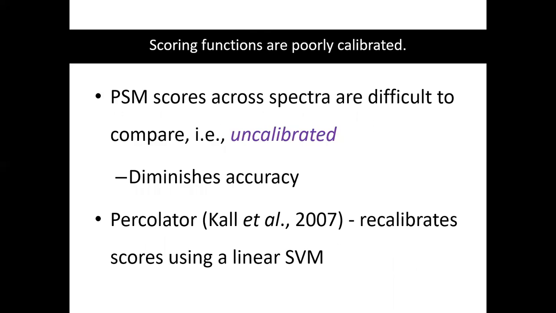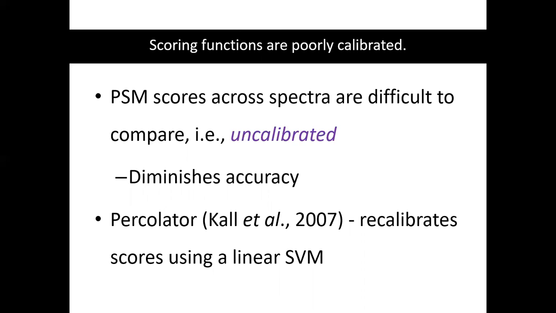So the deficiency which I'm alluding to has to do with PSM scores from different spectra being very difficult to compare. Essentially these scores are uncalibrated, which means it's very difficult to say how good a PSM score from one spectrum is compared to a PSM score from another spectrum.